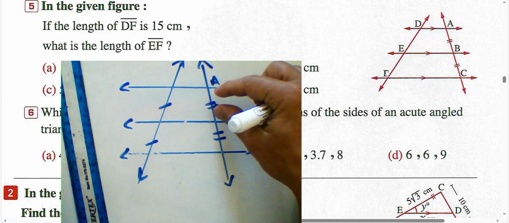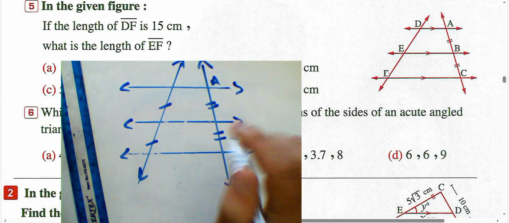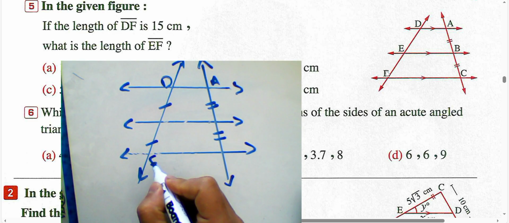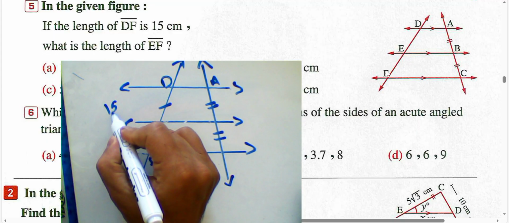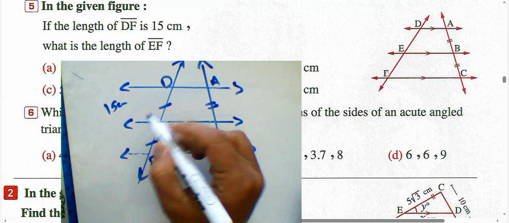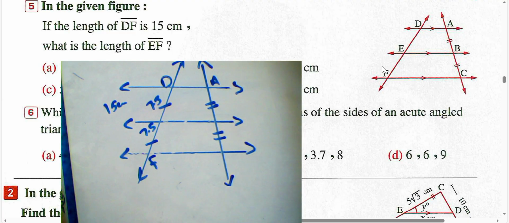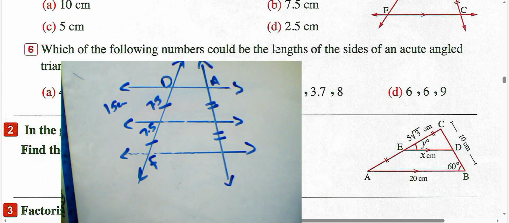He gives us this information: DF was 15 centimeters. Then we can divide 15 into two parts. 15 divided by 2 is 7.5, and here 7.5. The length of EF will be half of 15, 7.5. It shows letter B. Next question.